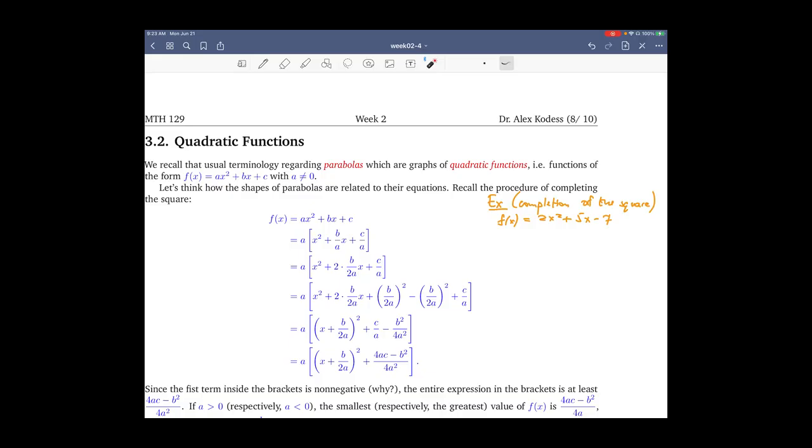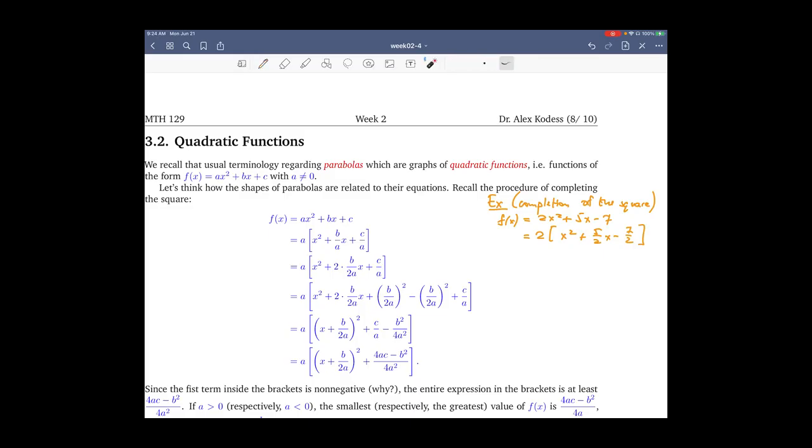The first step is always to factor out the coefficient in front of x squared, which is a. In my case, I factor out 2 to get x squared plus 5 halves x minus 7 halves.